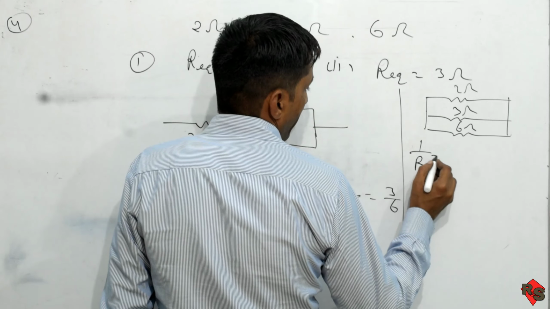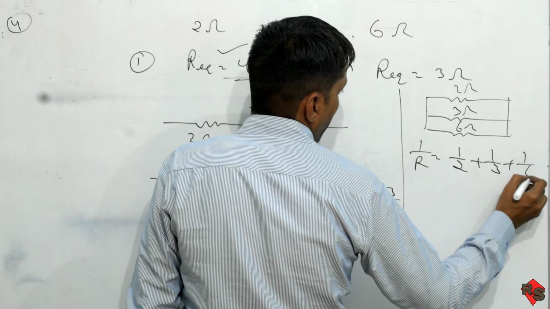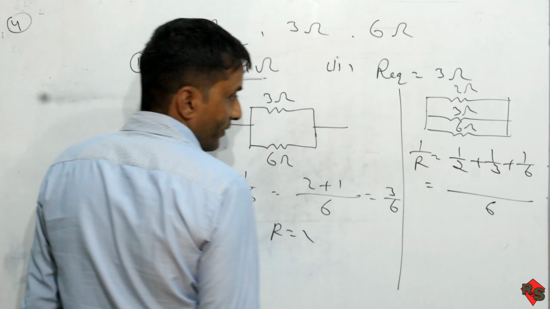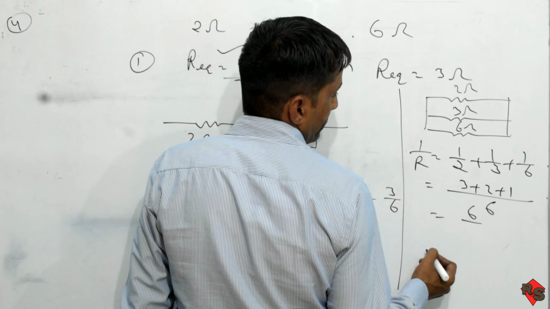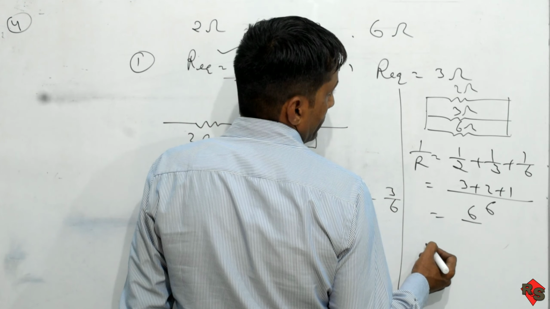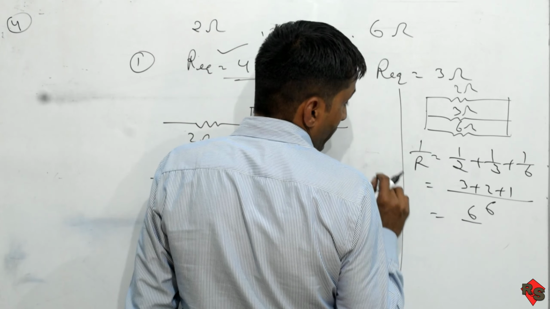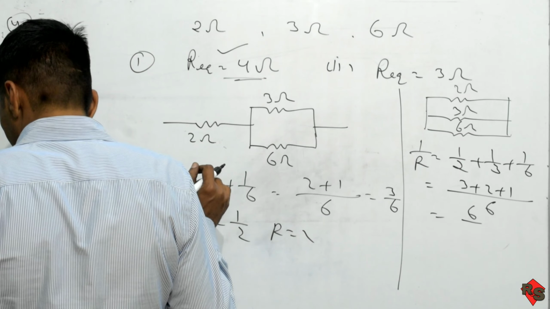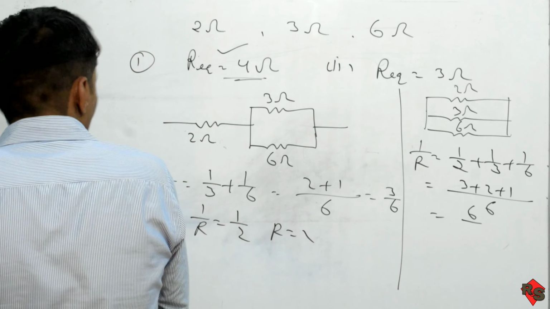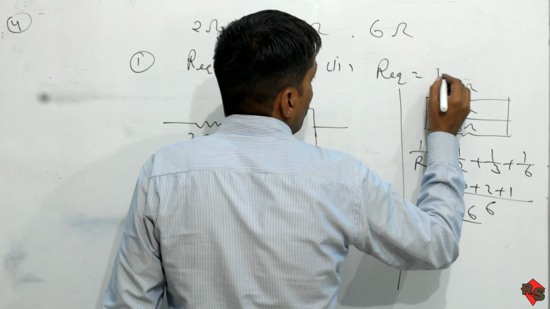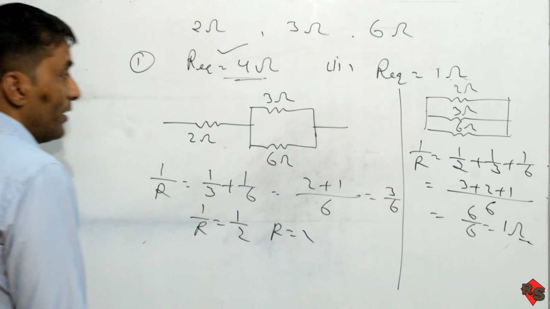So we can find R net: 1 by 2, 1 by 3 and 1 by 6. The LCM is 6, 3 plus 2 plus 1, that is 6 by 6. Sorry, R equivalent is not 3 ohm, it is 1 ohm. So 6 by 6 is equal to 1 ohm. That is the answer.